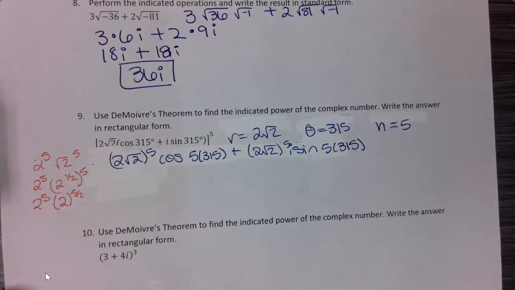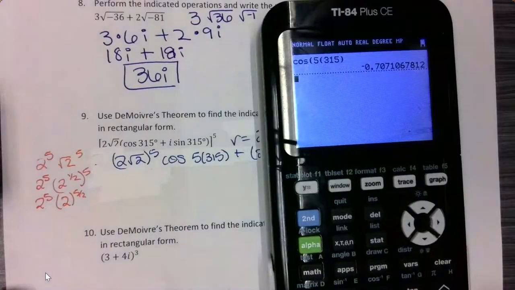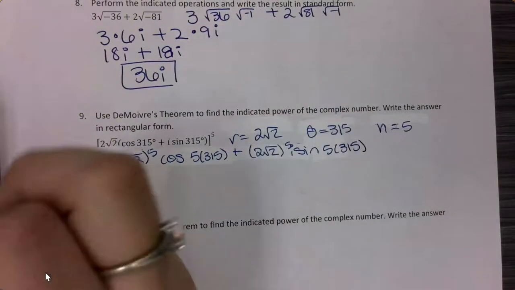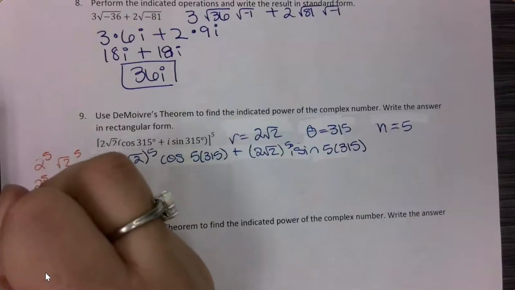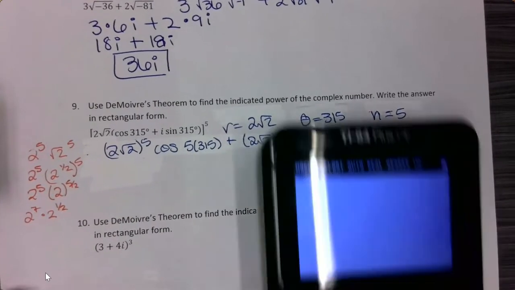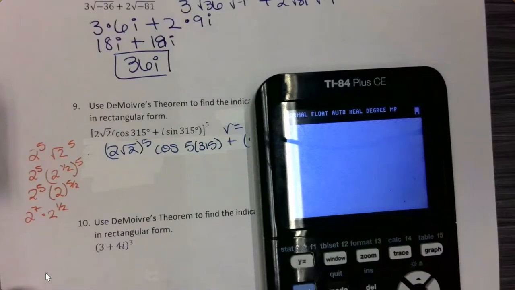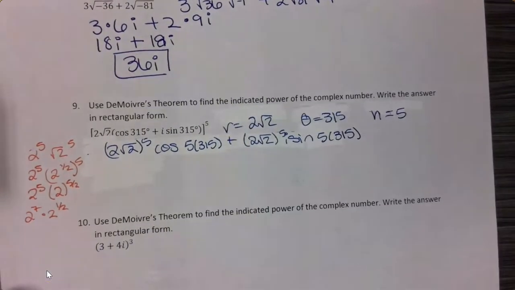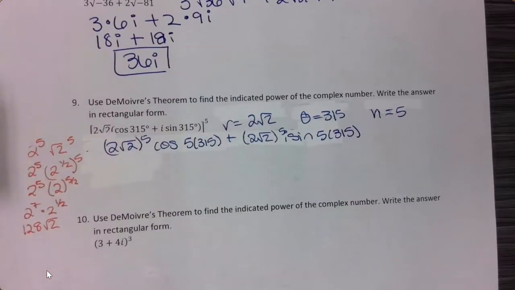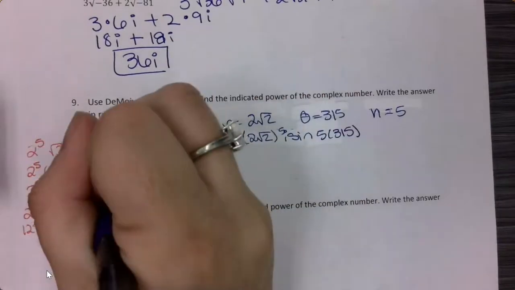If I add my exponents together, 5 plus 5/2 gets me 15/2, so I have 2 to the 7th, and then I also am going to still have 2 to the 1/2 left over. So 2 to the 7th is 128, so I am going to have 128 square root of 2. So that's what the 2 square root of 2 to the 5th power is going to turn into.